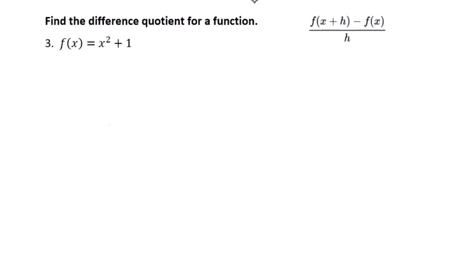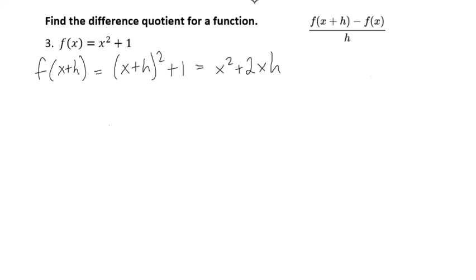All right, so this one's a little bit more challenging because it's a quadratic, but we're going to start out exactly the same and do f of x plus h, which gives us x plus h squared plus 1. And this is a binomial squared, which applying the formula gives you x squared plus 2xh plus h squared plus 1.